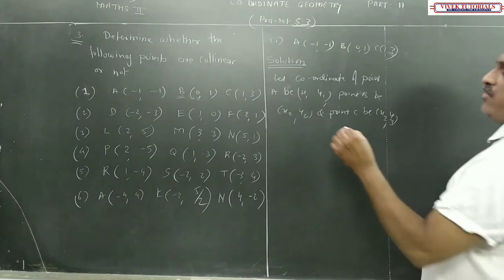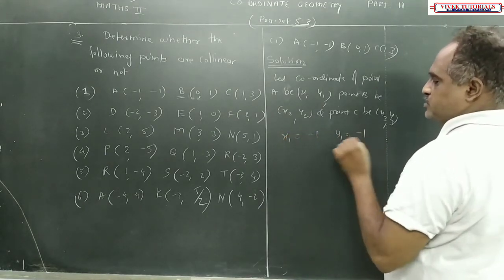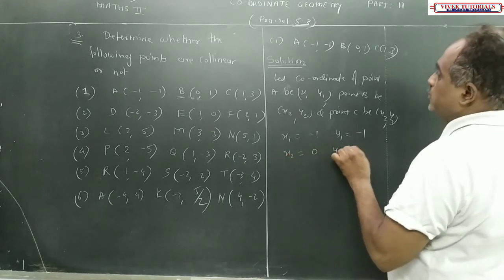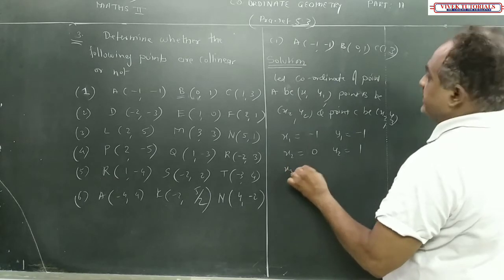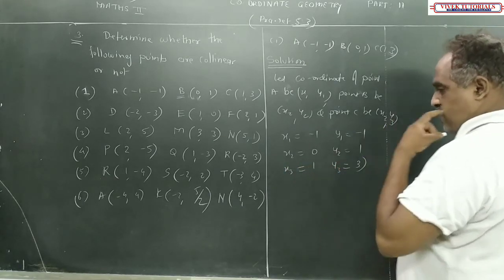What is the value of x1? x1 is -1, y1 is also -1, x2 is 0, y2 is 1, x3 is 1, and y3 is 3.